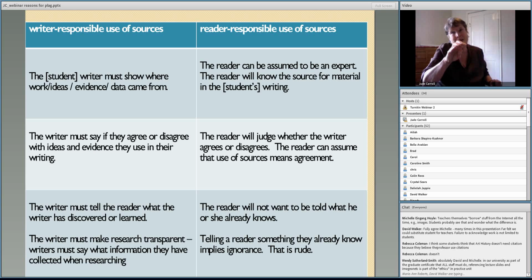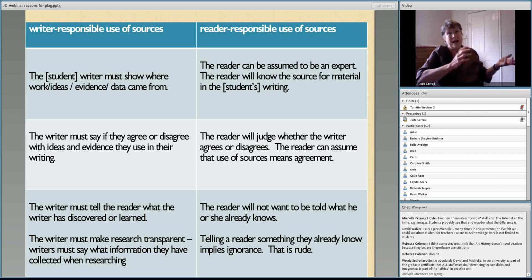We don't cite because my teacher said to me in art history, I'll know the sources that you're using. The second box under reader responsible, the reader will judge whether the writer agrees or disagrees. The reader can assume that use of sources means agreement. Well, in some systems it does, and in some systems it doesn't. And finally, the reader does not want to be told what he or she already knows. If you tell a reader something they already know, that's very rude.